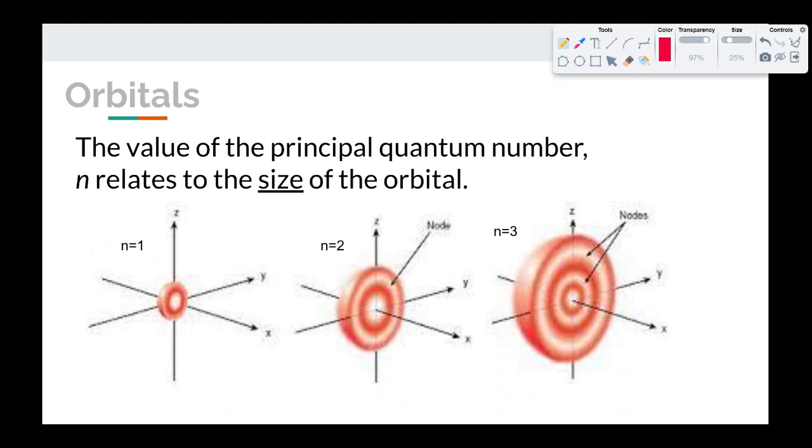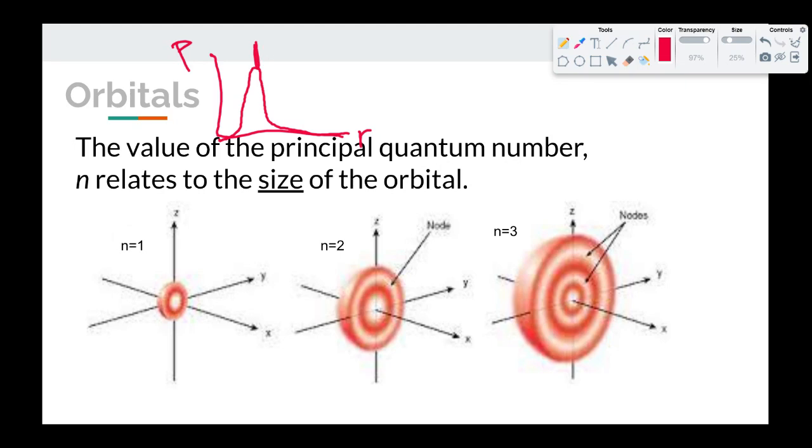Here's an interesting little sideline. If you make a graph of the probability of where the electron is versus the radius, r, or rho, for n equals 1, you get a shape that looks like that. And that spot right there is the highest probability of finding an electron.